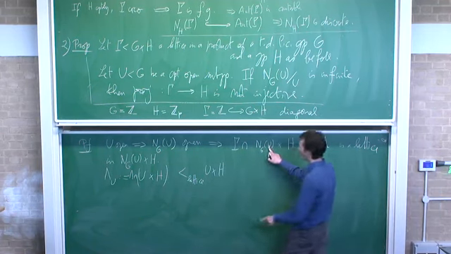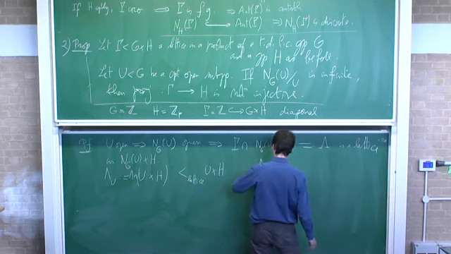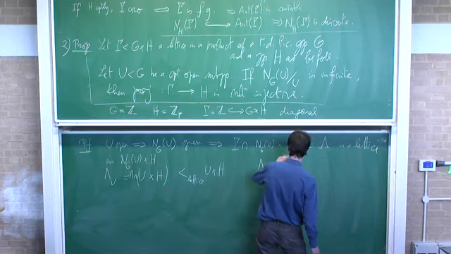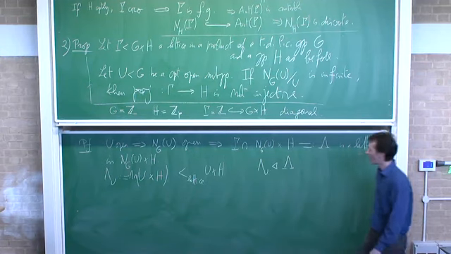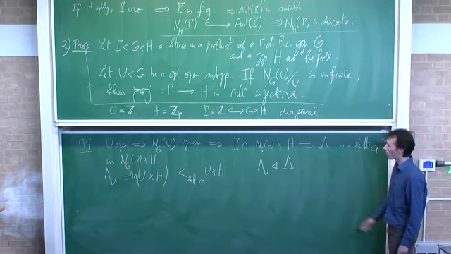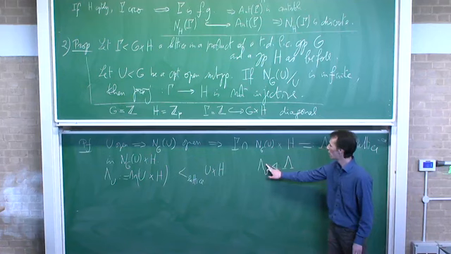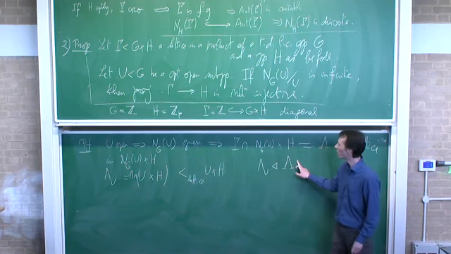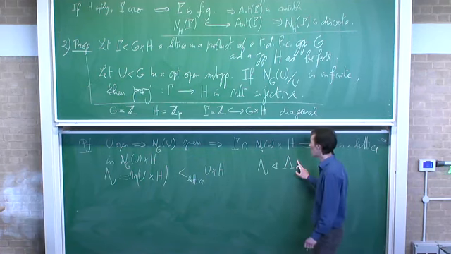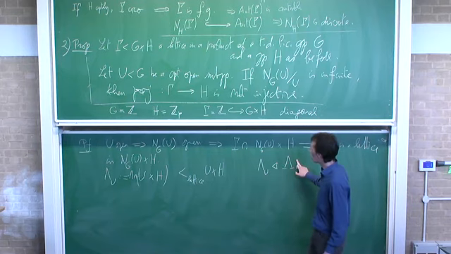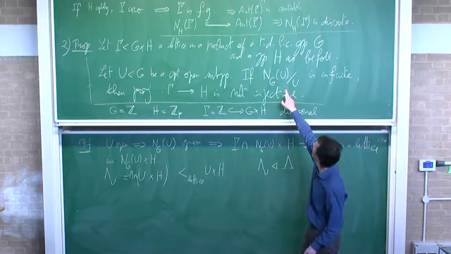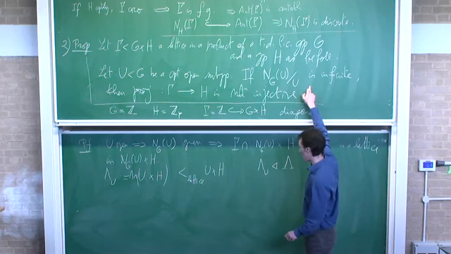But U is normalized by its normalizer, so what you see is that lambda intersect U is normal in lambda. The index of lambda intersect U in lambda must be infinite if this quotient is infinite.